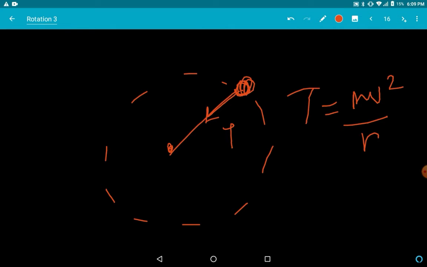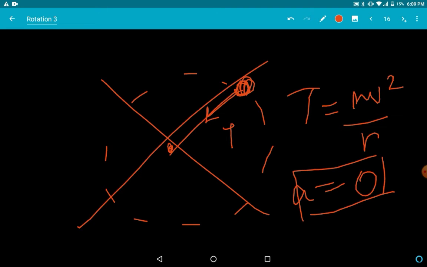Understand? The tension actually provides the centripetal force. If this force would not exist, there would be no acceleration. Acceleration would be zero, and such a motion would not be possible.